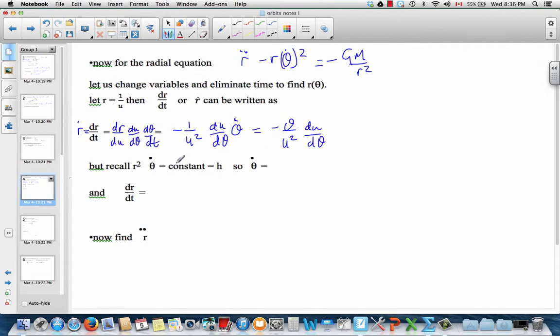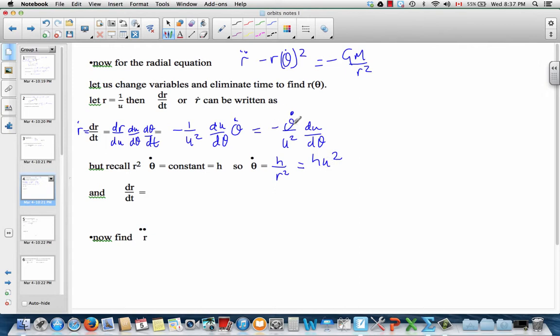But of course, remember what we said just previously. We said r squared theta dot was a constant, was h. So theta dot is that constant h over r squared. And 1 over r squared, reciprocal of r squared, is just going to be u squared. So this will be h u squared.